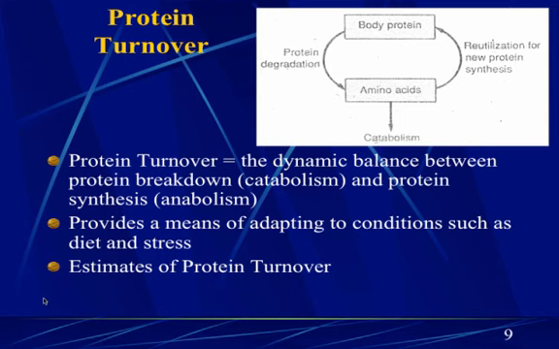Let's say a person weighs, that's my example, 70 kilograms. That means in a 24-hour period, approximately 320 grams of their body's protein is being turned over.